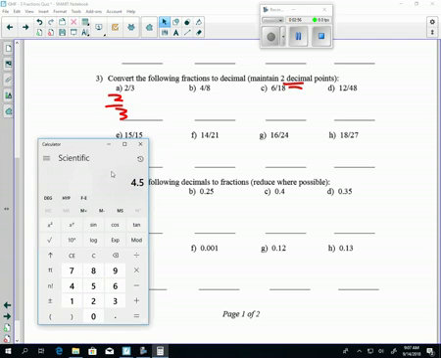We'll just clear it. 2 divided by 3 gives you a number that repeats itself. And if you're going to round the number that repeats itself, it's 0.666 and goes on forever.